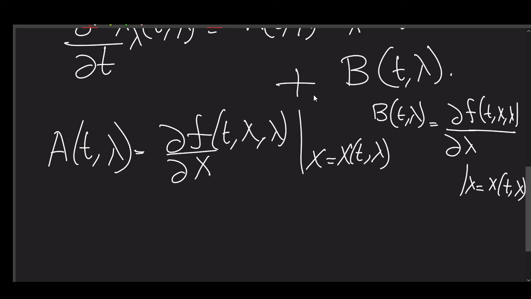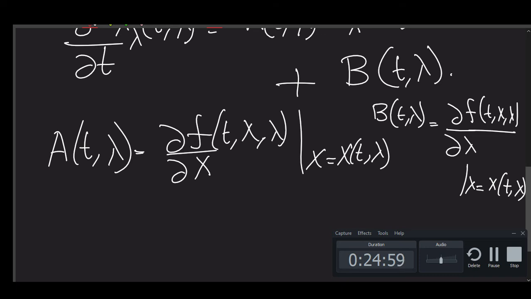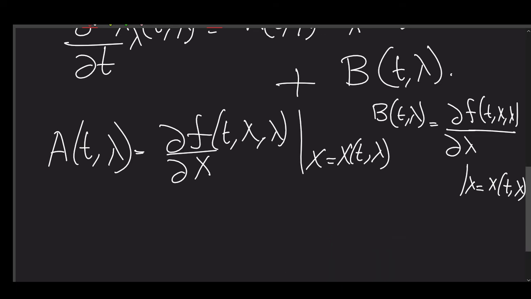For a lambda that is sufficiently close to lambda naught, these matrices A(t, lambda) and B(t, lambda) can be defined on the closed interval t naught to t1. Hence, our partial derivative of the solution with respect to lambda, x lambda (t, lambda), we can define over that same interval.